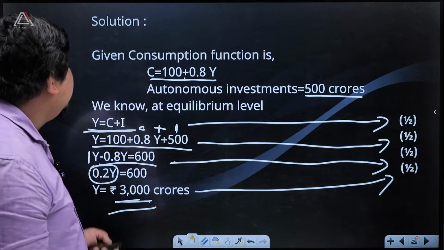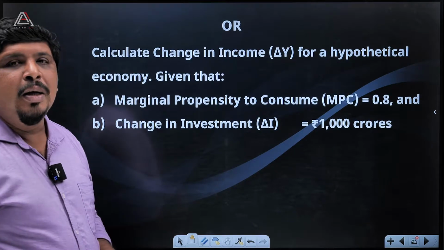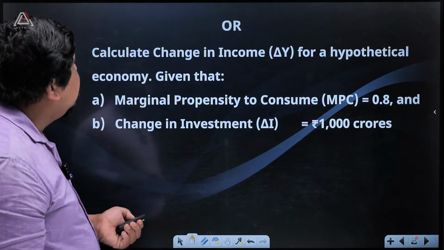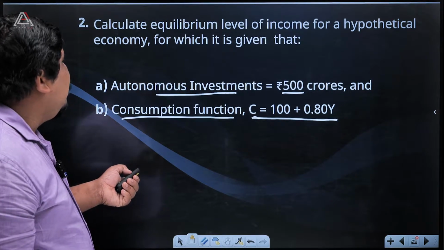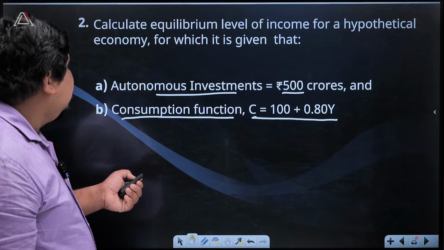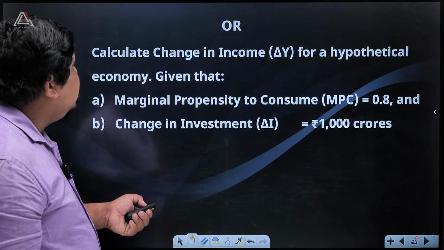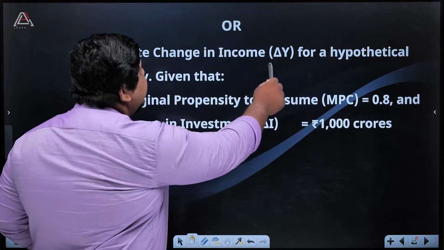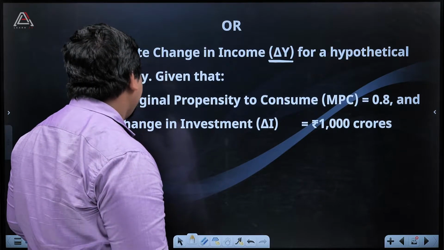Okay, so this is a question. Then for the OR question, for that particular question you can write the first question, that is this one, calculate equilibrium level of income for a hypothetical economy for which it is given that. Then the second OR question: calculate change in income, that is delta Y, for a hypothetical economy.